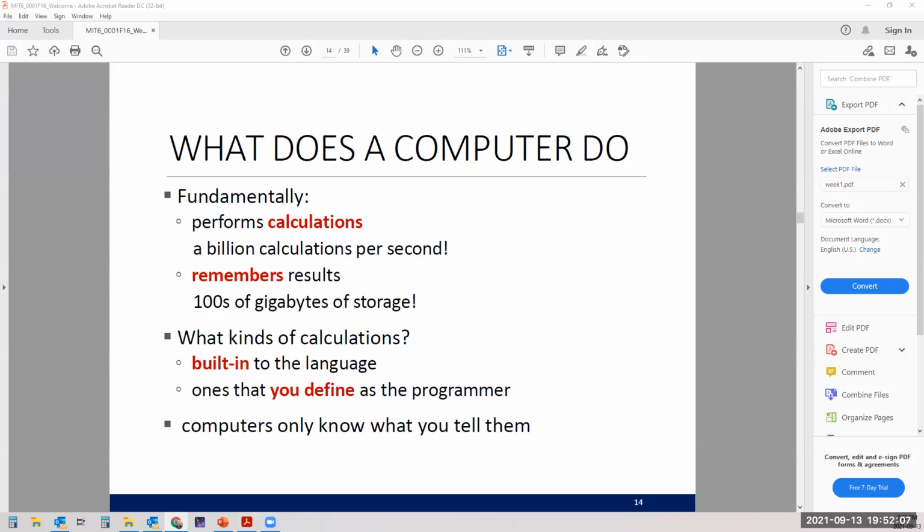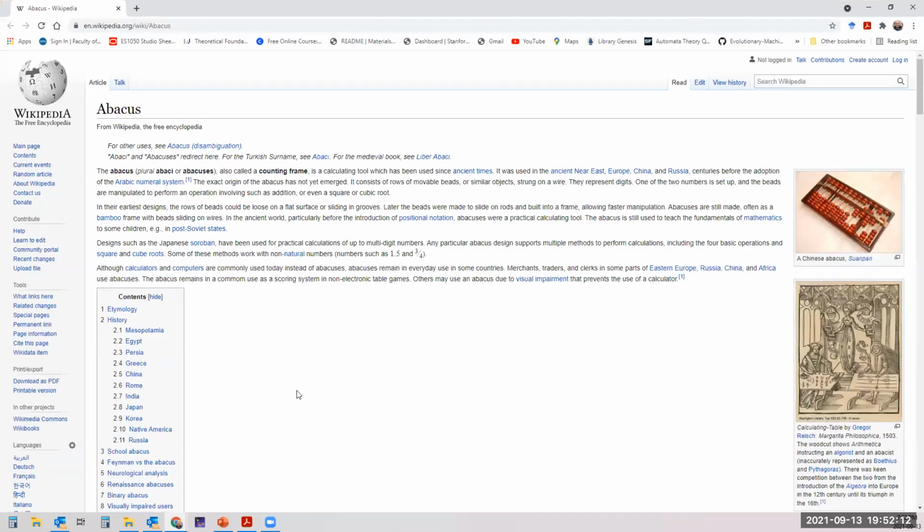Sorry, can you hear me? Yeah, I can hear you. This is the first computer that humans used. Oh, you mean that? Oh, okay. The abacus, which is the first calculator or the first computation machine that humans used. It is now more than, I believe, 3,000 years old.